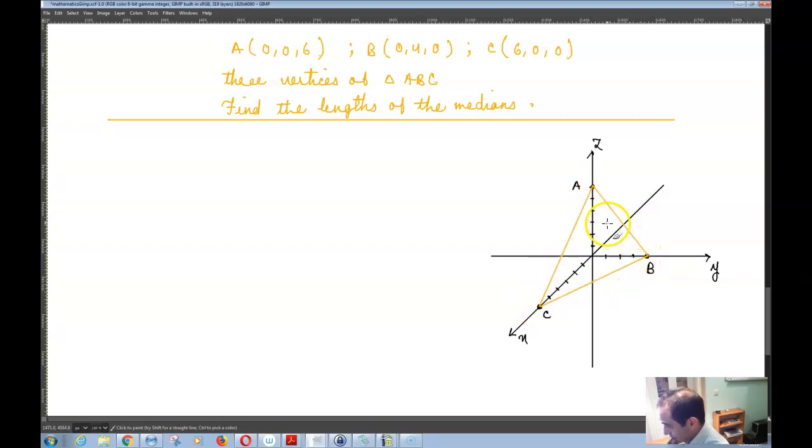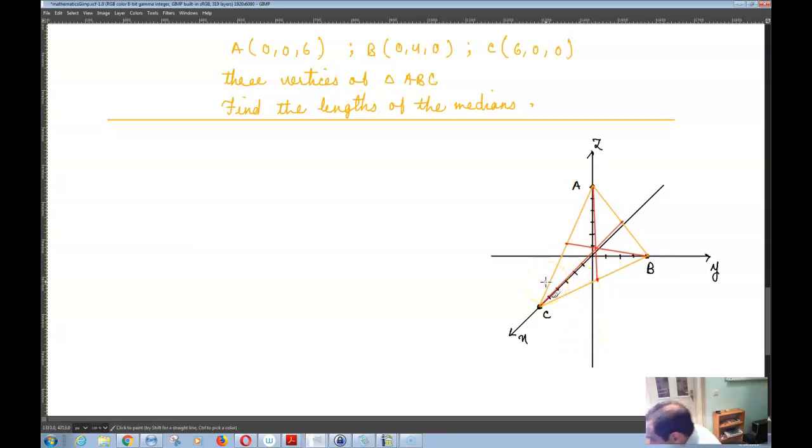And then the midpoint of this side, let's suppose this is the midpoint of this side, this is the midpoint of this side, and this is the midpoint of this side. This would be one median, this would be one median, and this would be one median.